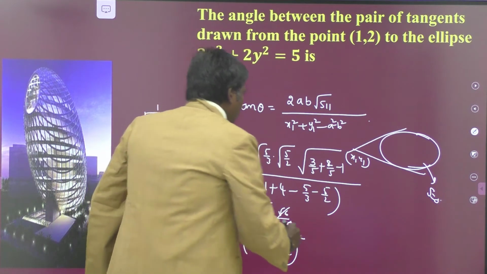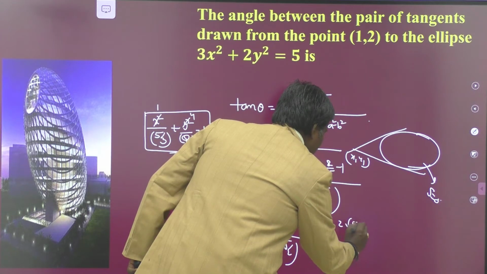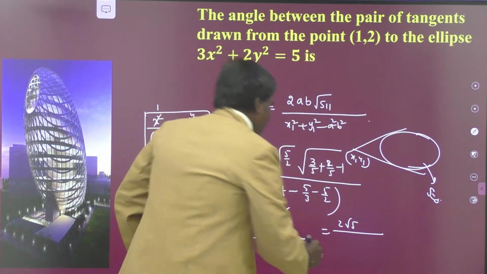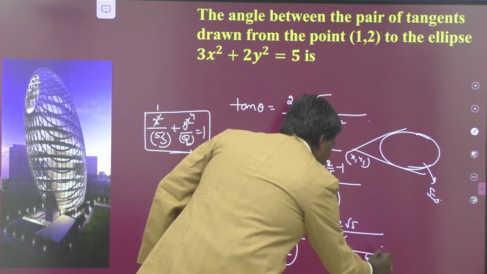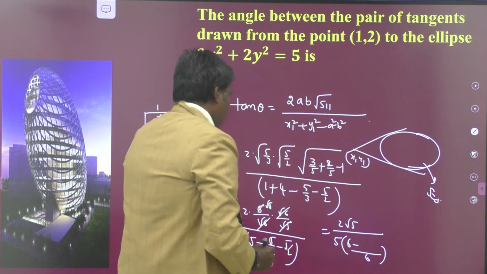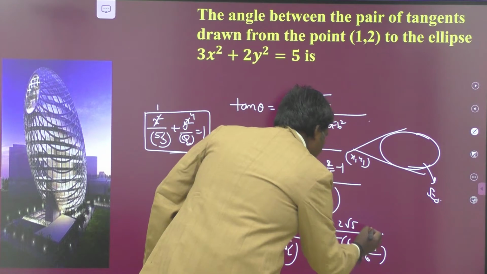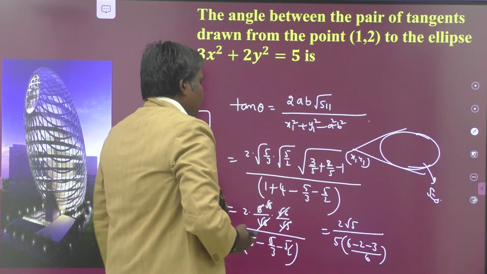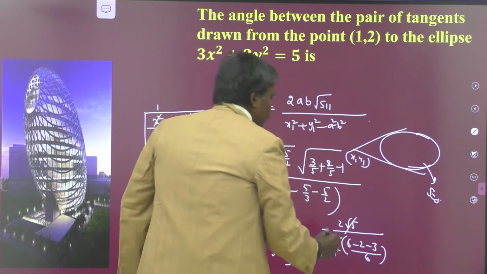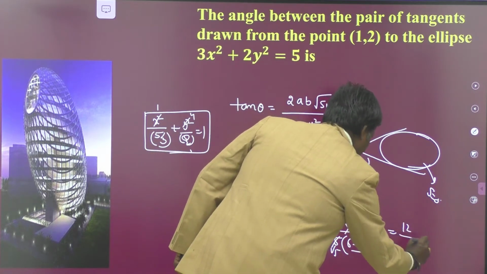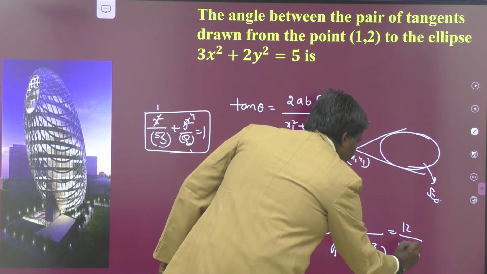That is 2 root 5 in the numerator. 2 root 5 by 5, 5 is common. And 6 is LCM here. That is 6 minus 2 minus 3. So this root 5 cancels out, and 6 2s are 12, 12 by root 5 times of 1.